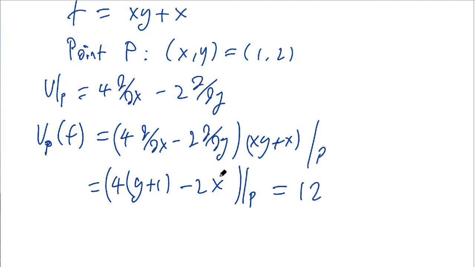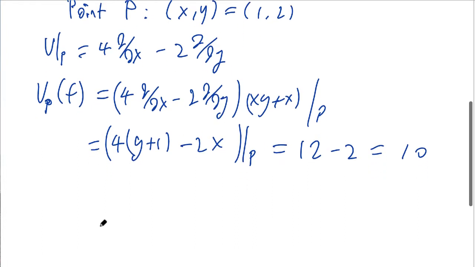Inserting x equal 1, we have minus 2, and our answer is 10. So when this vector at this point acts on the function given, it gives us a number, the number 10.